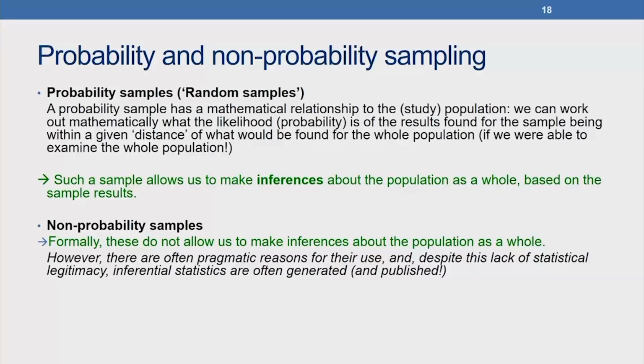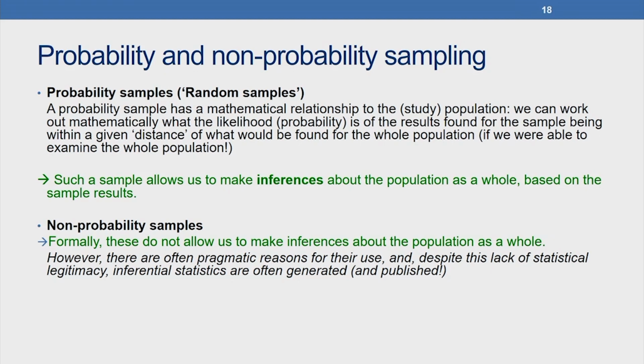Non-probability samples, as I have briefly pointed out earlier, do not allow us to make inferences about the population as a whole. In social science research, since we are investigating human beings and the context within which human beings survive, we often make use of non-probability samples.